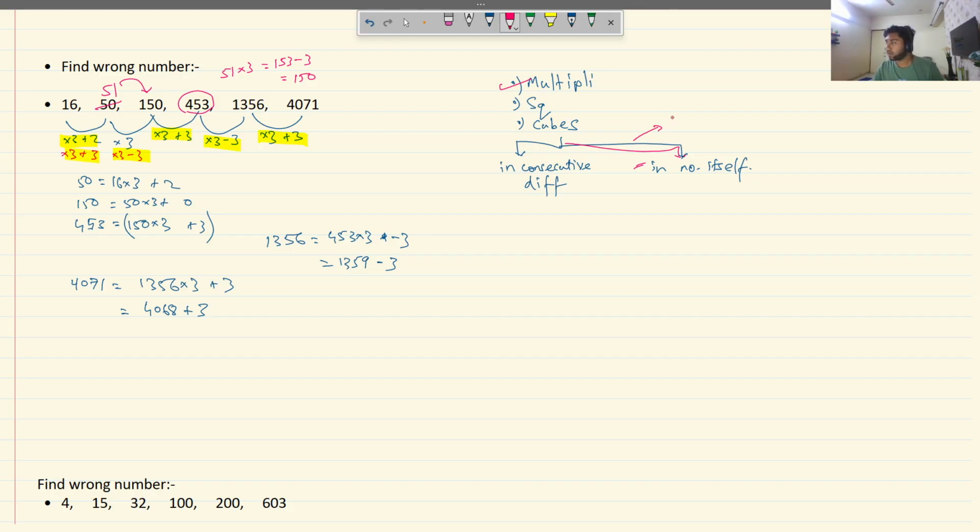How did I find out? I found out by the observation that multiplying 3 with the given number, the current number, gives me close to the next number in the series.